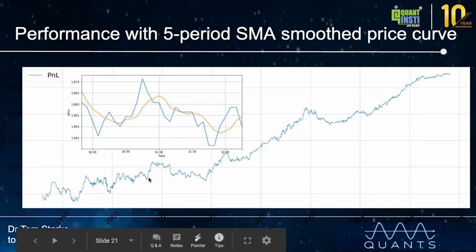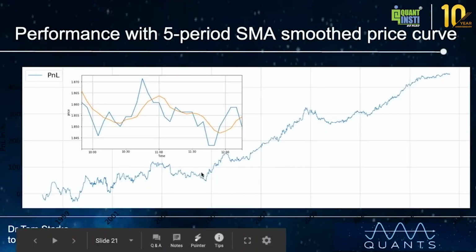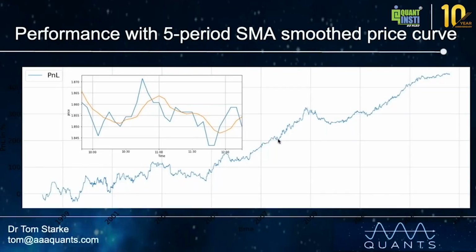But we can see that even with that little smoothing, which when you look at the price curve overall, you won't even be able to see the difference between the smoothed price and the actual price, the reinforcement learning machine does a much better job in making profitable trading decisions.